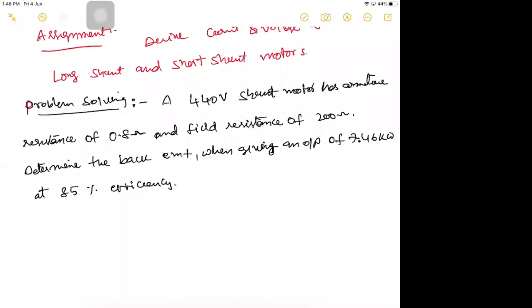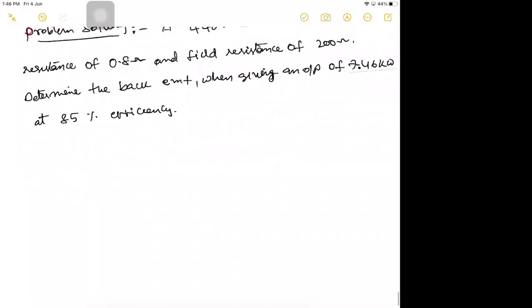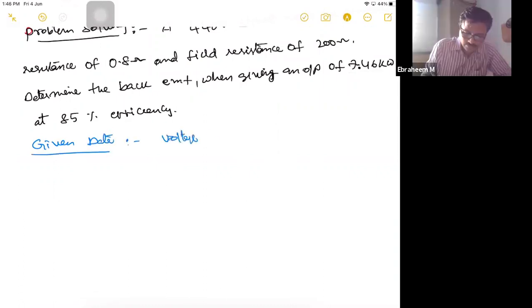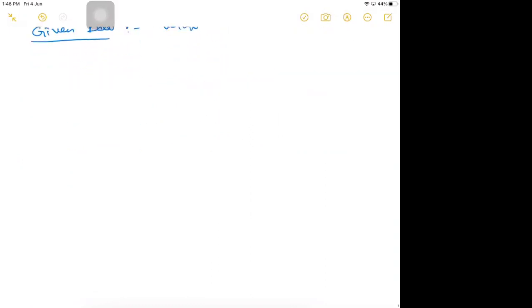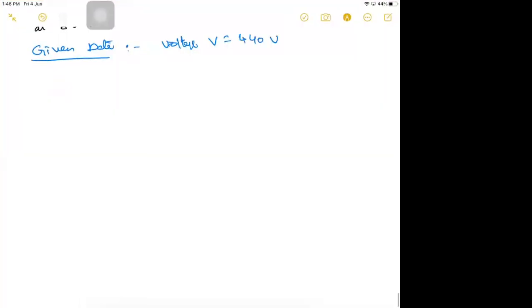So what is the given data? Voltage, 440 volts.